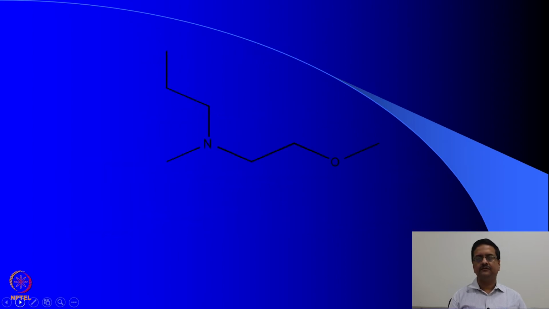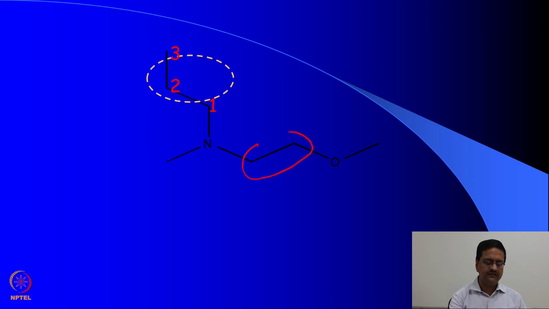So, applying the same logic, what should be the name of this compound? If we carefully see, the longest chain is now different, it is not the central CC bond which was the earlier case, but in this case the side chain with 3 carbon atoms is the longest chain. So, it is a derivative of propane 1-amine.